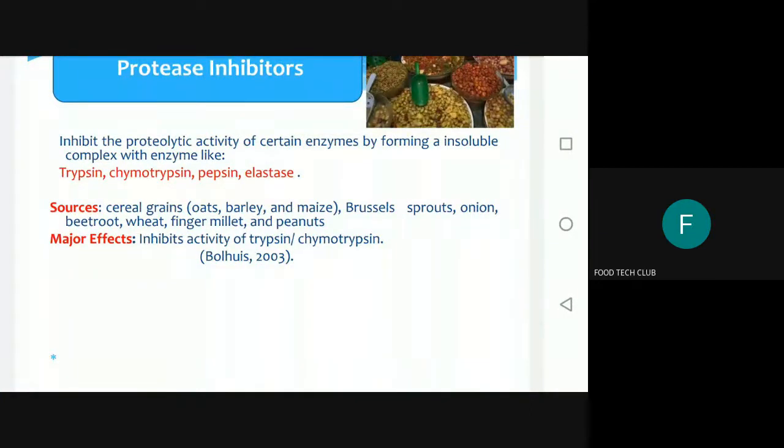Someone is saying something. Can you tell me? Hello, the voice is breaking. Ma'am, it helps us digest protein. You might think all these enzymes are present at the same place? Hello.